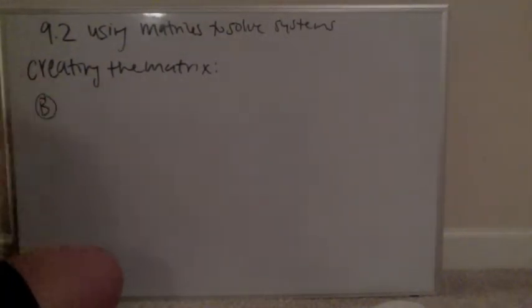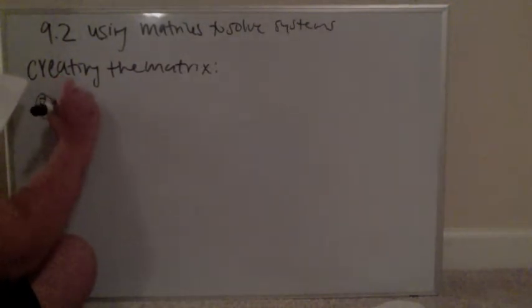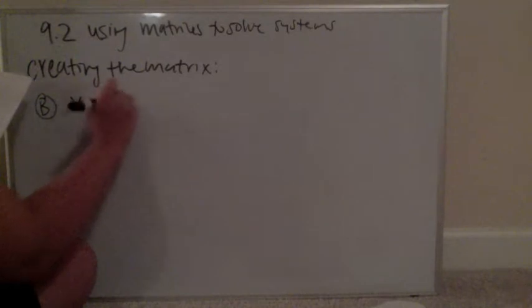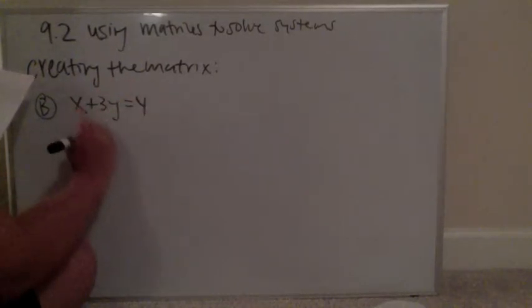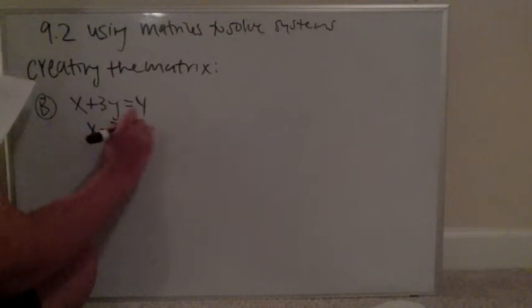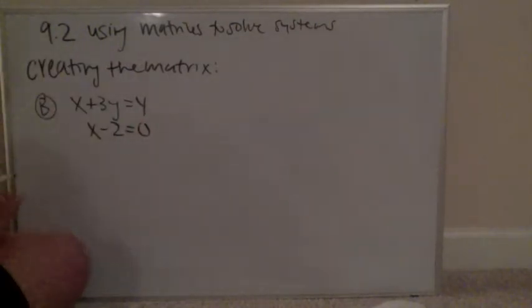For example B, we'll look at x plus 3y equals 4, and x subtract 2 equals 0. So here we just have two equations, two unknowns. So to turn it into a matrix, you first look at, are all of the parts there and are they in order?